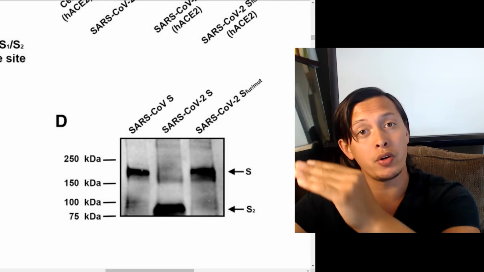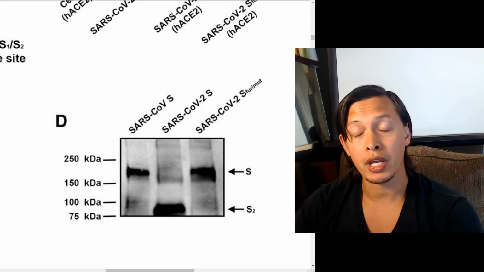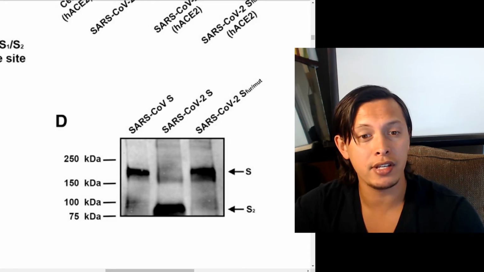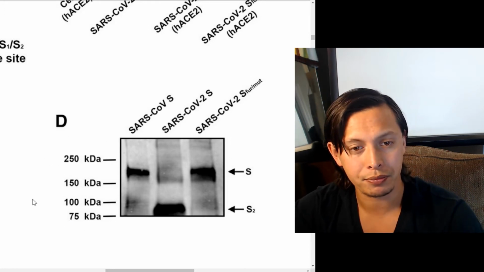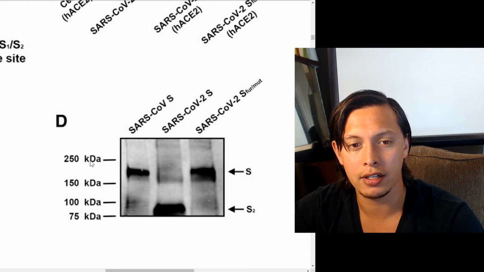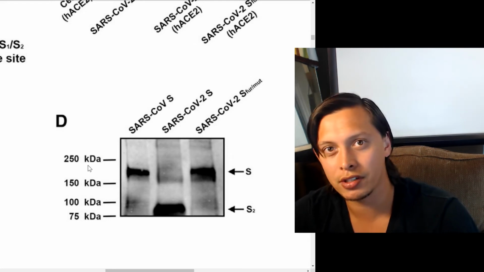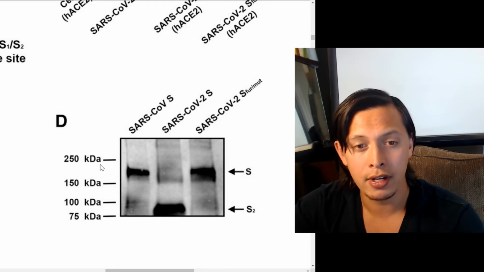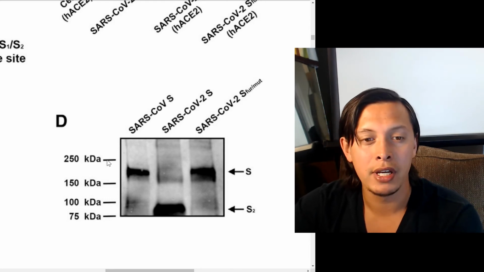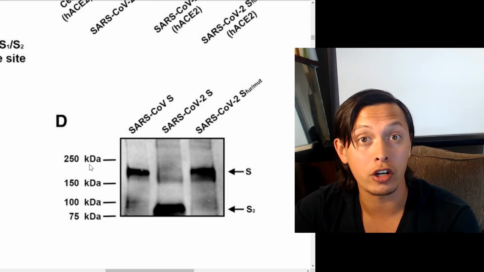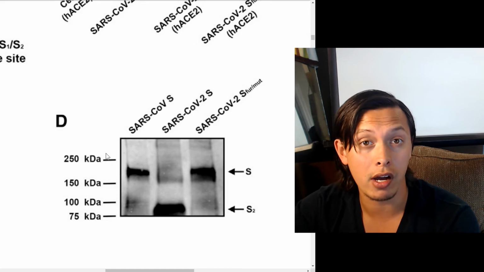Different proteins are different shapes, so they separate based on shape. Actually, I shouldn't say shape, I should say size, so it's separating them based on size, and possibly shape as well. Here, kilodaltons is just a measurement of how large, or the mass, of the proteins.